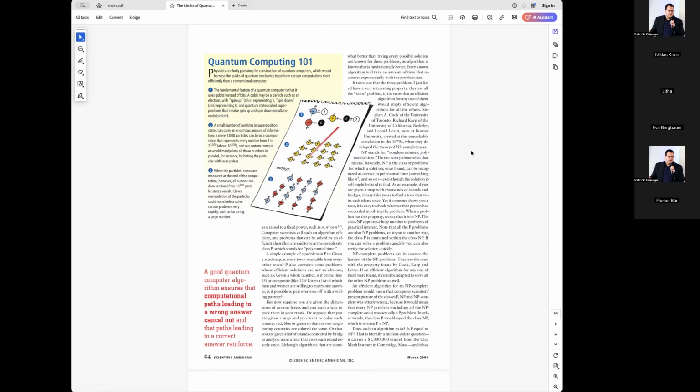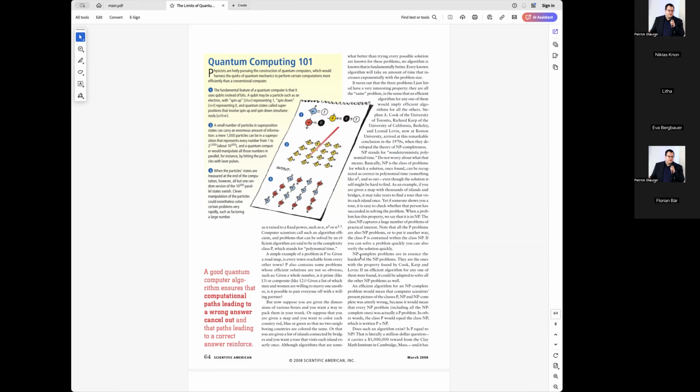Problems in NP are harder to solve, but you can verify the solution in polynomial time. So once you have a solution, you can relatively easily verify whether it is correct or not in polynomial time. But finding the solution is tougher.